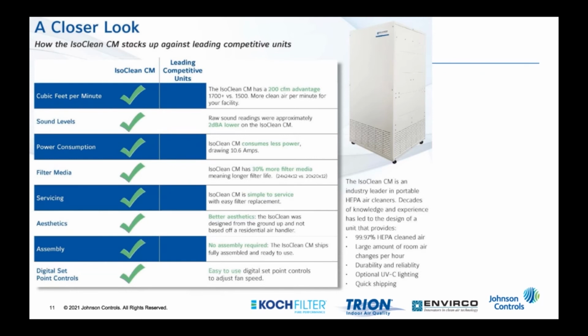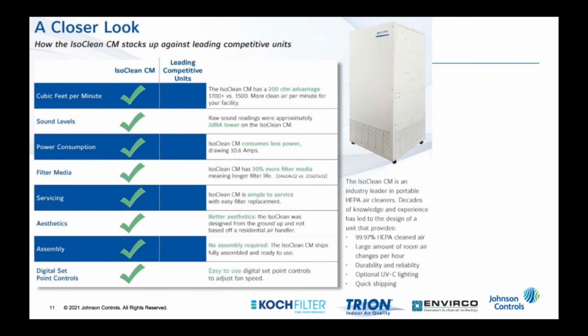Filter media, compared to a leading competitor, the CM has about 30% more filter media, so that means longer filter life. Serviceability. The CM was much easier to service. The competitive unit required a lot of hardware removal to gain access to the filter and remove the main HEPA filter.